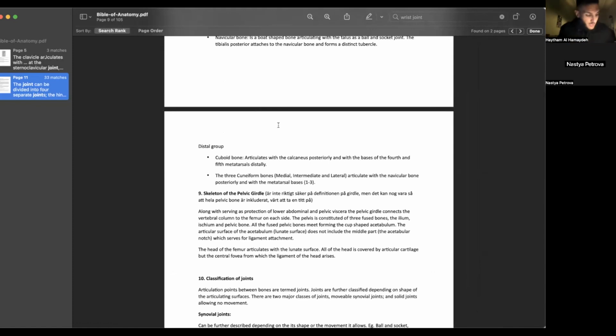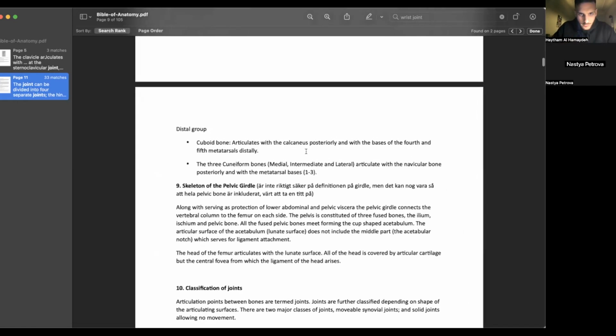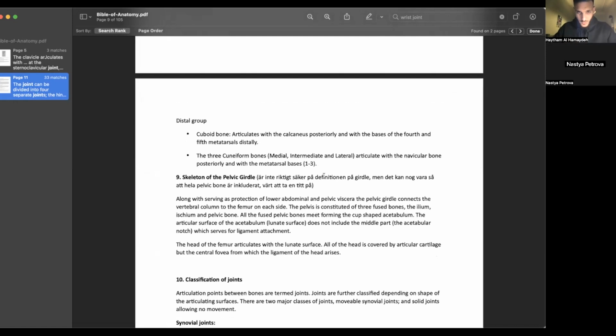So you have officially done 10 points now because you finished the ankle joint. Number 11, I want to choose a good one that we can finish quickly. Skeleton of the pelvic girdle, this is actually nice. No, not this one.